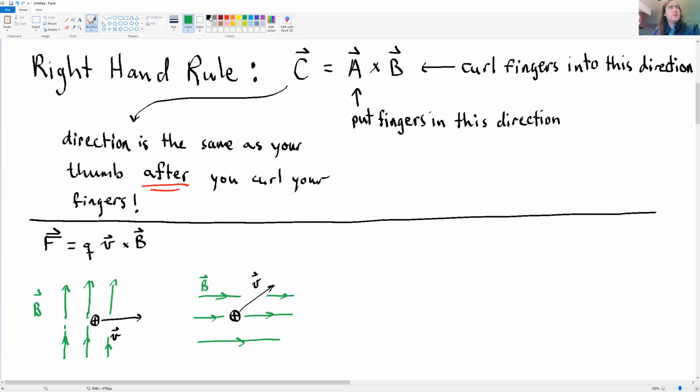Okay, let's go ahead and number these. You can use language like, okay, the force in 1 is to the left, to the right, up, down, into the screen, out of the screen, right? So those are examples of how you can specify the direction.